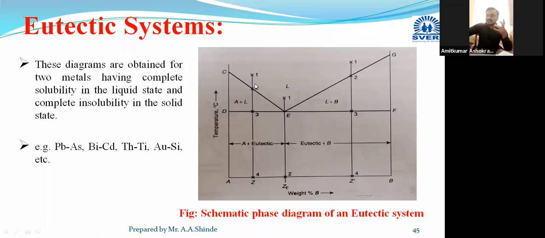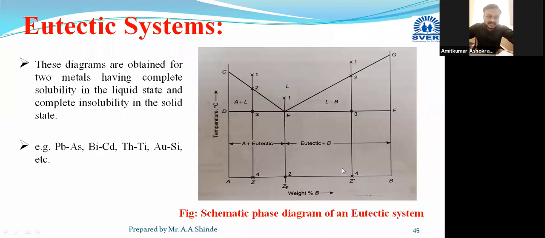In this way, this diagram is divided into three parts: hypoeutectic alloy, eutectic alloy, and hypereutectic alloy. In the first part, I have explained the microstructural changes happening during the cooling of the hypoeutectic alloy. In the second part, I will explain the cooling of the eutectic alloy and its microstructural changes. And the third one will be the cooling of the hypereutectic alloy in this region.